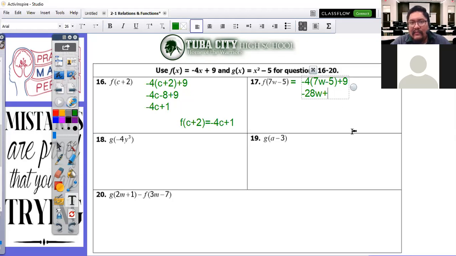So negative times negative would be positive 20. And then again, we used up the distributive, so there shouldn't be any parentheses left over. So f of 7w minus 5 is equal to negative 28w, and then 20 plus 9 would be plus 29.